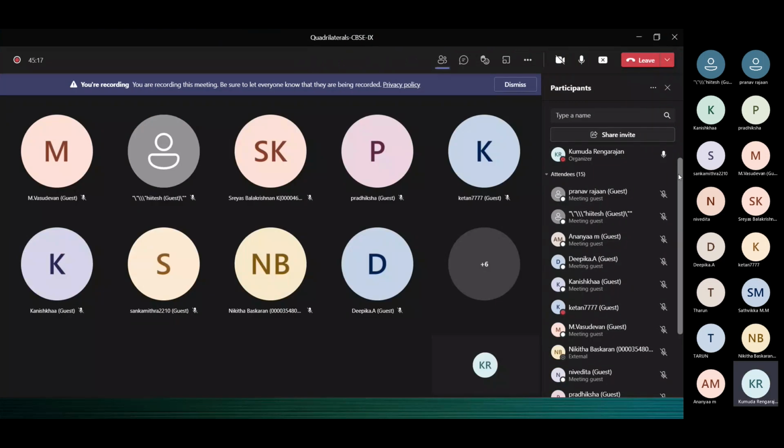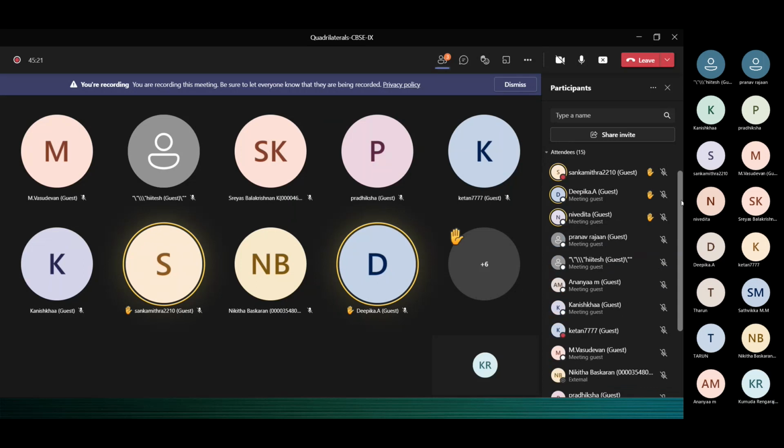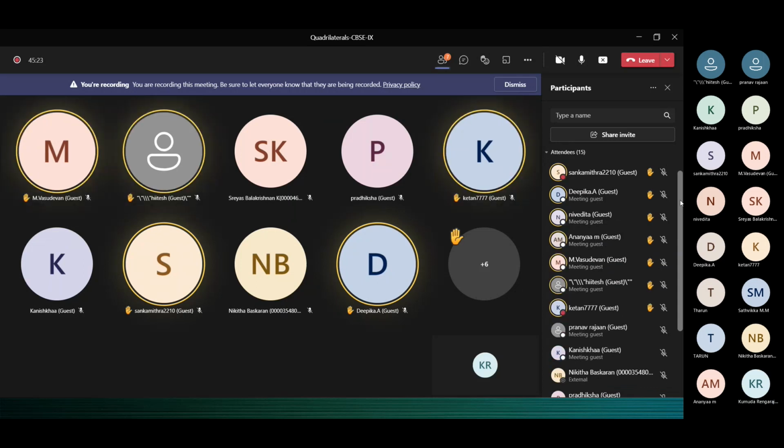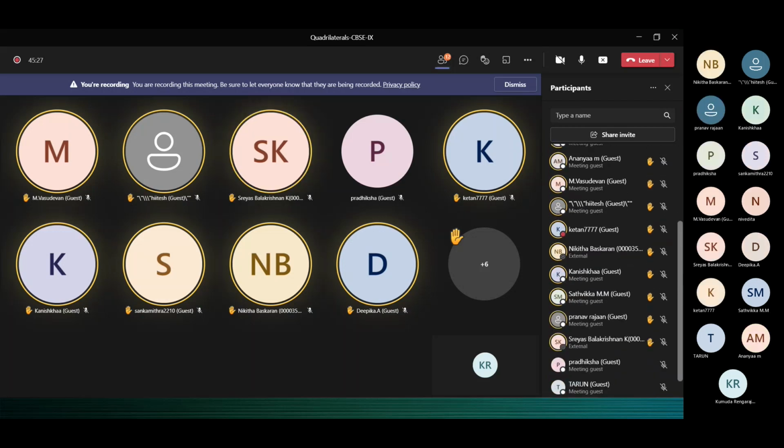Class, use the emoji, raise your hand. Ma'am, I'm unable to use it, ma'am. Okay, okay, then.